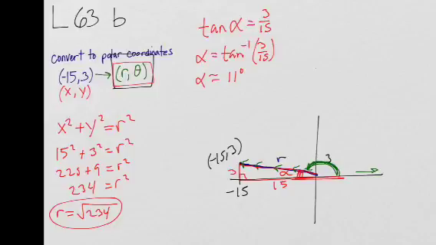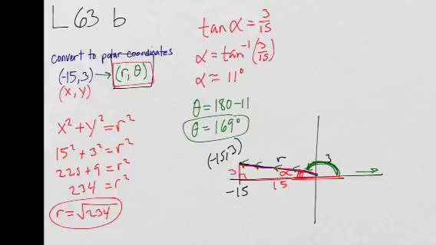It's a little bit more, but we won't worry about that. So the big angle, the green angle, is going to be 180 minus 11, because together they add up to 180 and make a straight line. We're looking for that green angle, which we're calling theta. So theta is approximately 169 degrees. Alright, there we go.